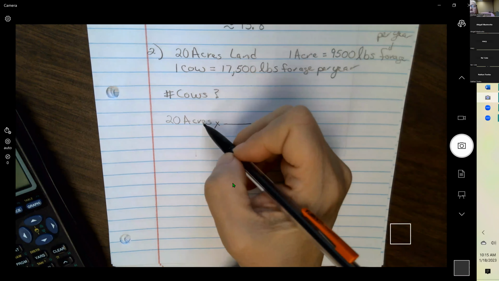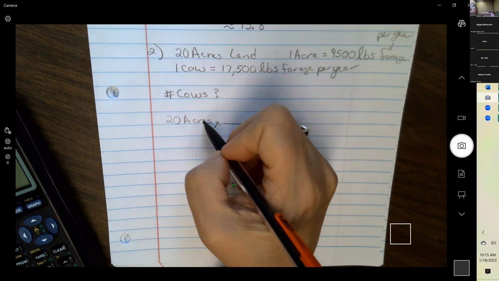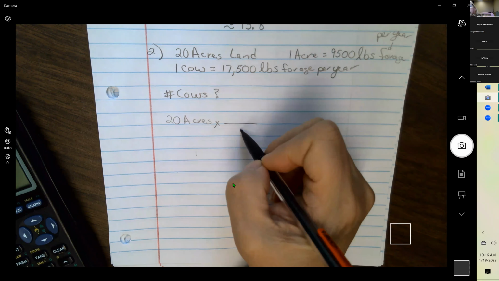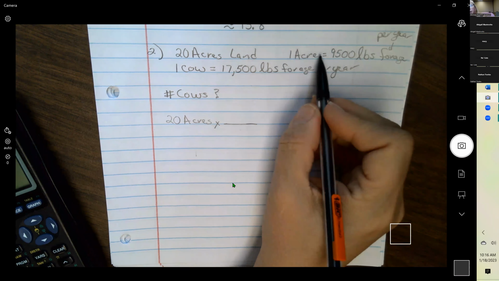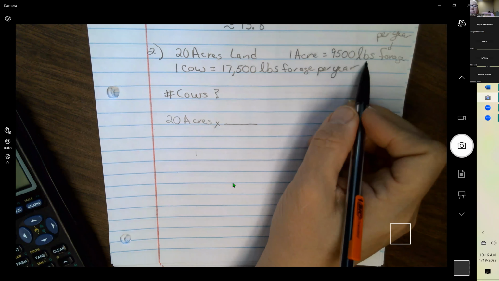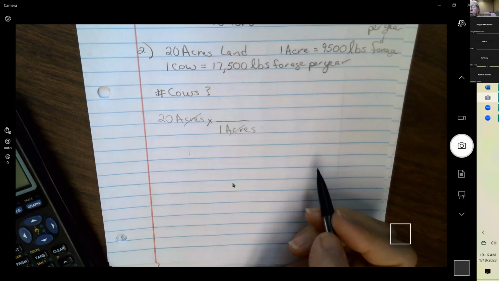Acres needs to cancel. So which one should be on the bottom? The 1 acre or the 9,500 pounds? 1 acre. Yes, exactly. We put the acre on the bottom so that they will cancel.